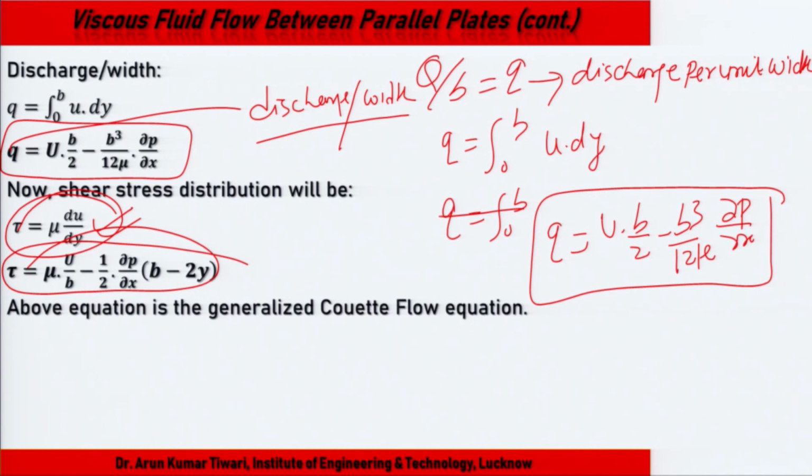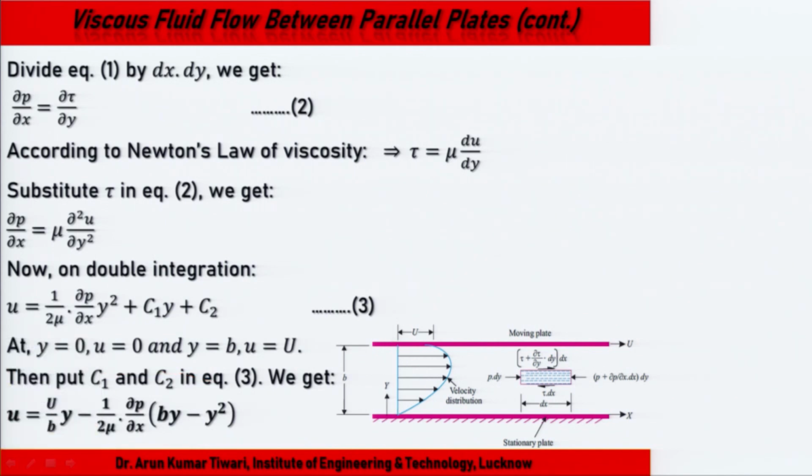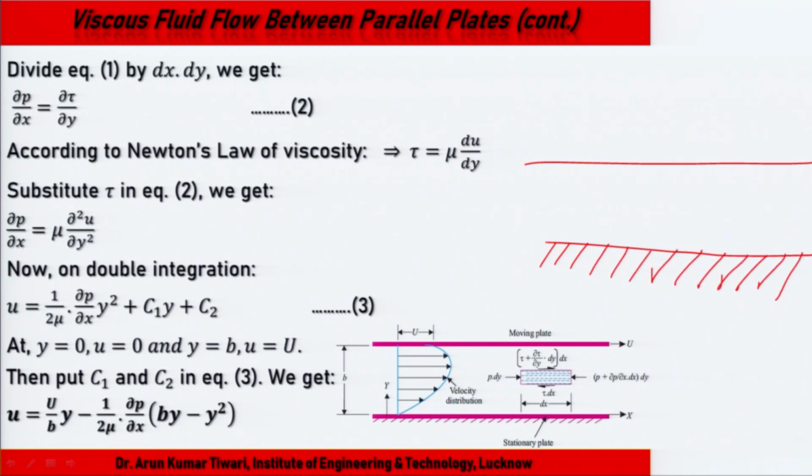So, all of these equations are known as the generalized Couette flow equation. What is the Couette flow? If one plate is at rest and the other is moving with velocity capital U, what is the pattern at velocity 0?